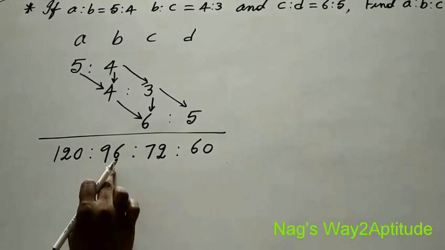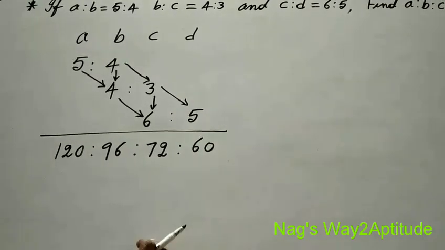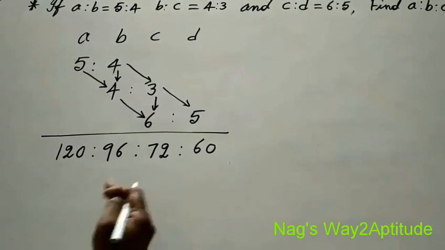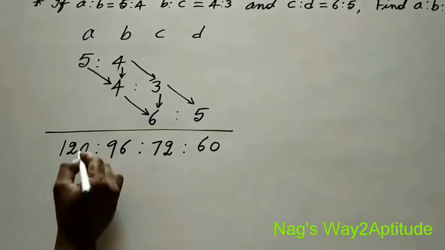So we got 120 is to 96 is to 72 is to 60, and in all these 4 terms you can cancel 12.